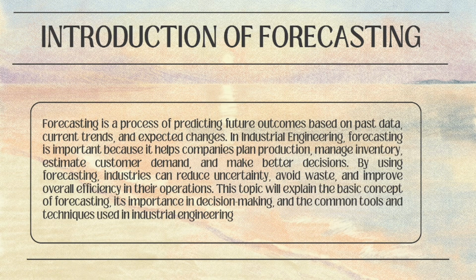By using forecasting, industry can reduce uncertainty, avoid waste, and improve overall efficiency in the operation. This topic will explain the basic concept of forecasting, its importance in decision making, and the common tools and techniques used in industrial engineering.